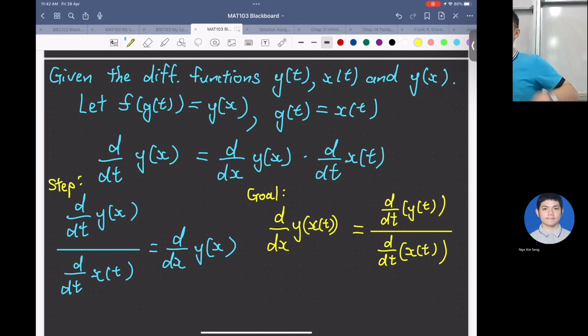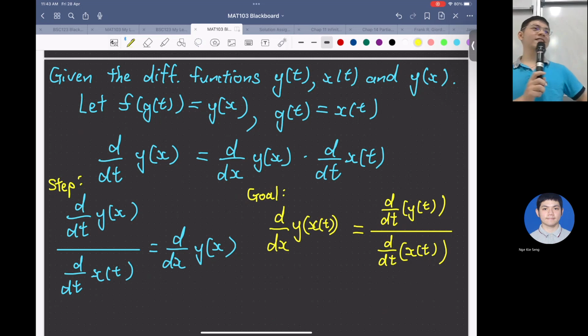First line. And y in terms of x. Okay, y in terms of t, x in terms of t, y in terms of x.